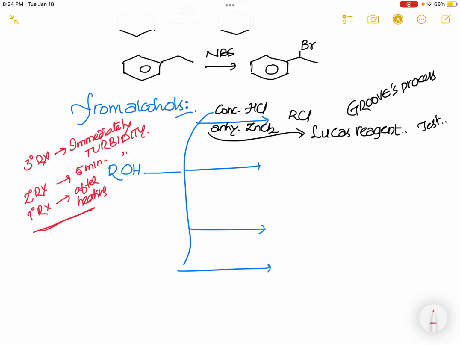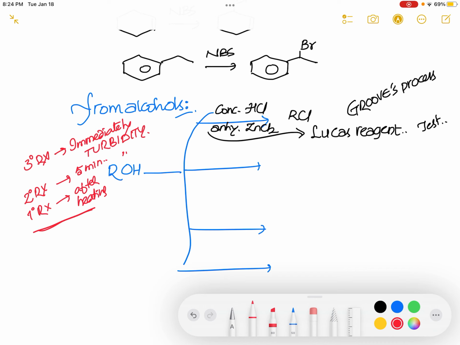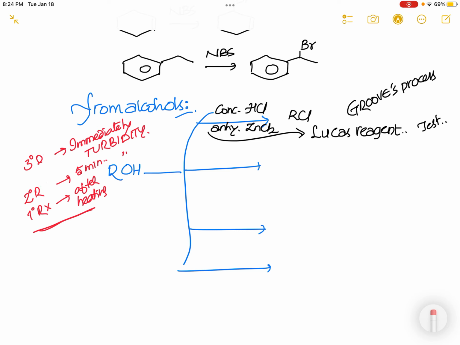This is a test for primary, secondary and tertiary alcohols. When you use Lucas reagent, you can tell easily. As I mentioned, tertiary alkyl halide is formed immediately.